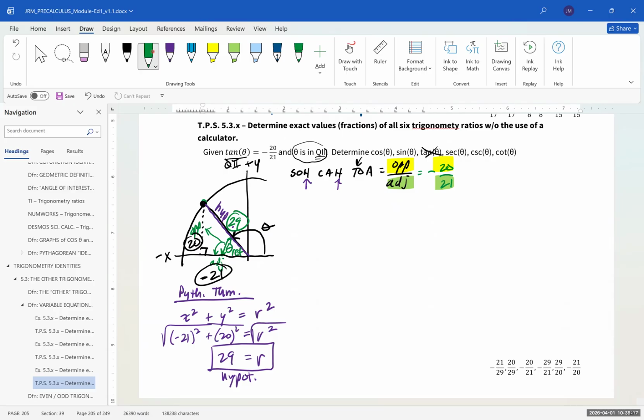All right. So we need to come up with sine of our angle, which is in quadrant 2. Another way of writing sine is opposite over hypotenuse, and the opposite side is actually y over r. Our value of y is 20, and our radius is 29.